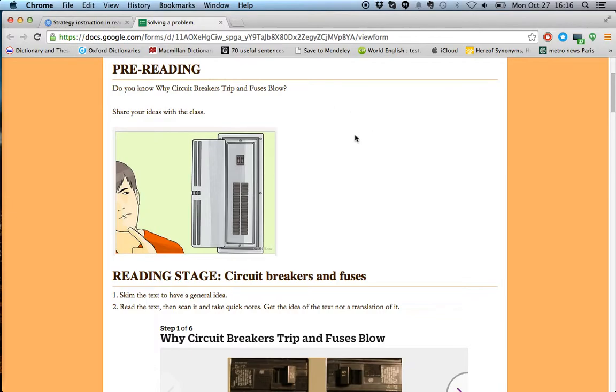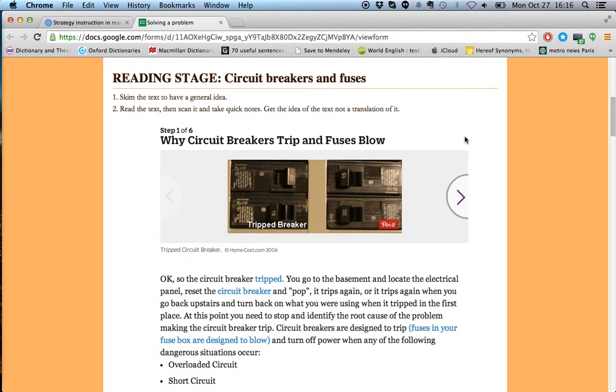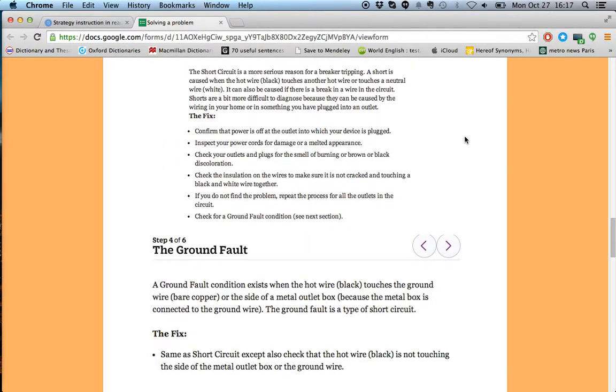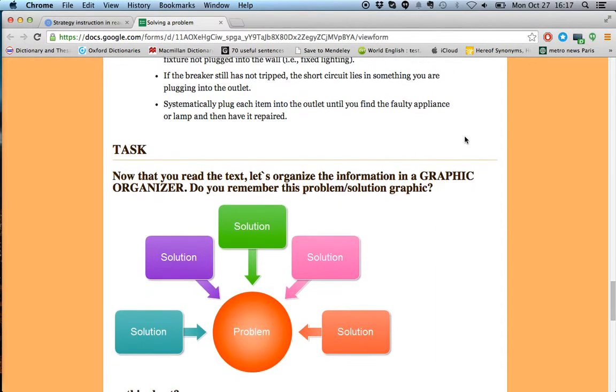They would talk about a certain topic, and as I said, they would activate prior knowledge here. For the reading stage, they would have to skim the text to have a general idea, and then scan it and take quick notes in order to have ideas for the next activity.